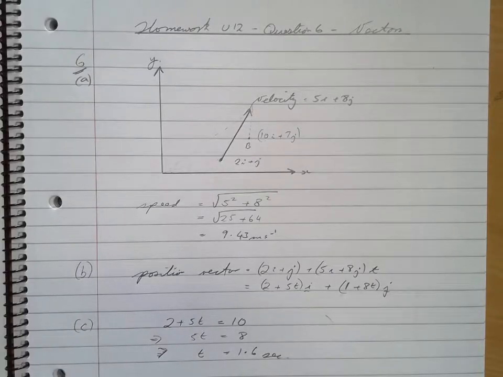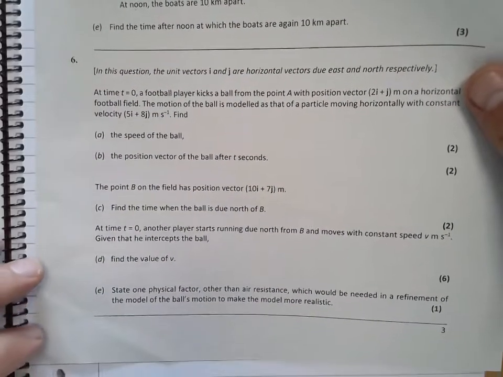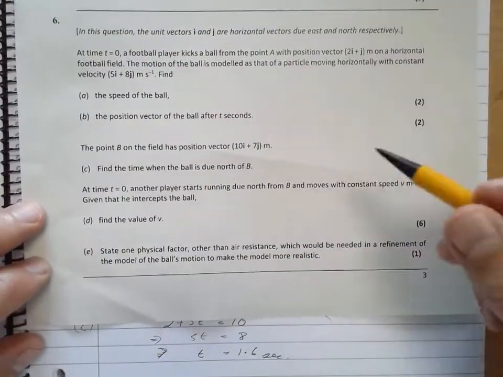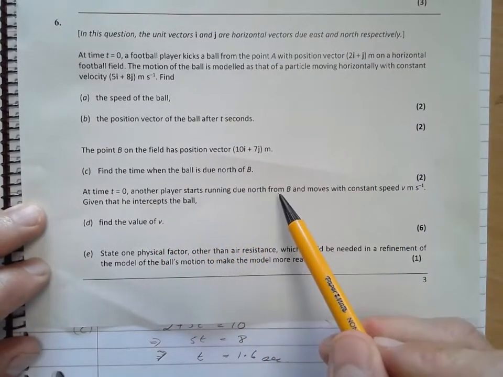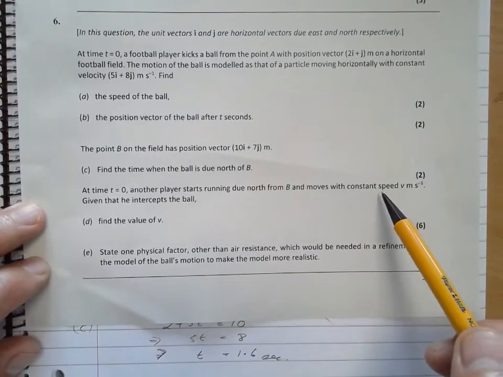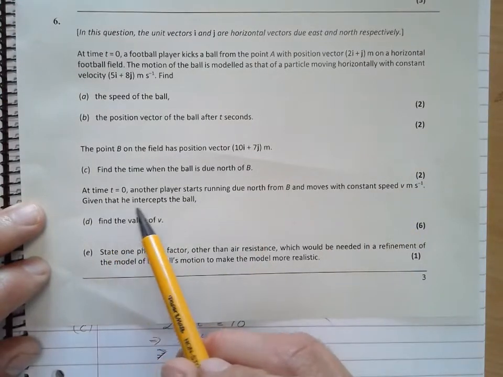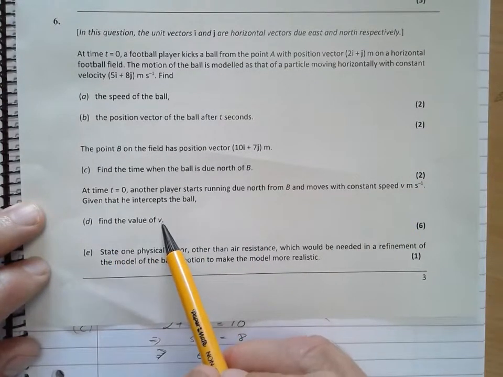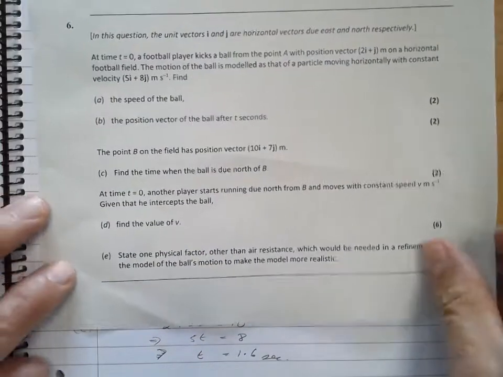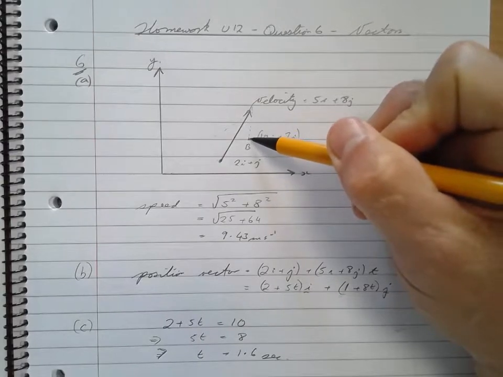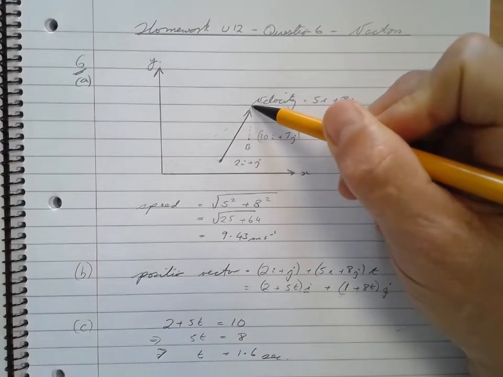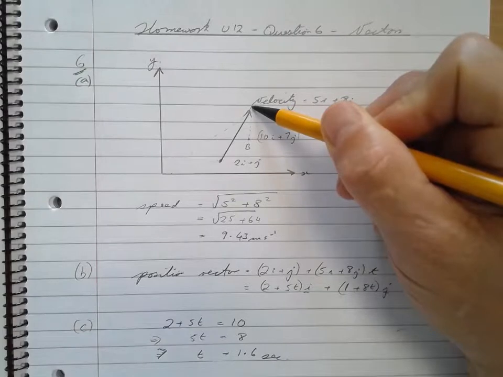Okay, and then the next part of the question. We've got that at time t equals 0, another player starts running due north from B and moves with constant speed v. Given that he intersects the ball, find the value of v, his speed. So essentially what we've got is a player starting here at B, running due north and intersecting the ball at this point up here.